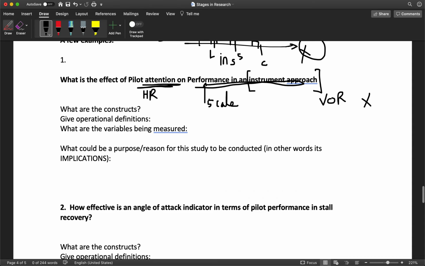There was a study I was involved with looking at pilot, what was the word we used? I can't think of it off the top of my head right now, but it was attention, and what we used was a heart rate monitor as well as a sweat monitor.